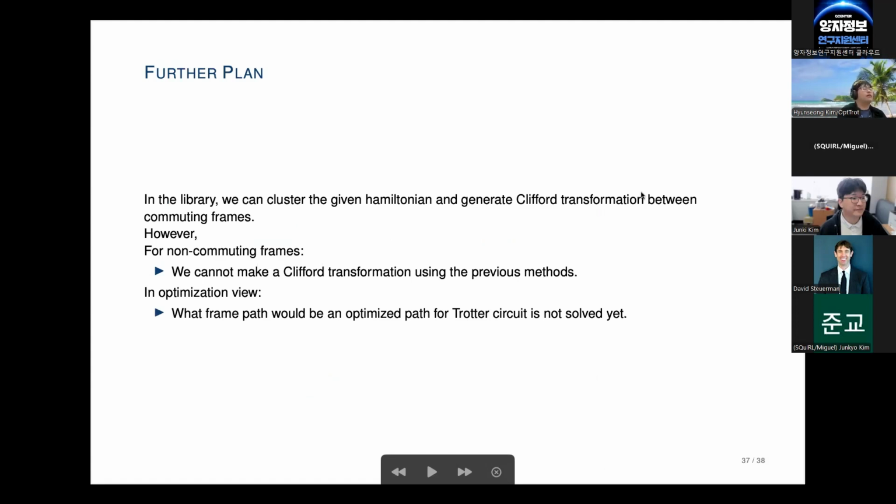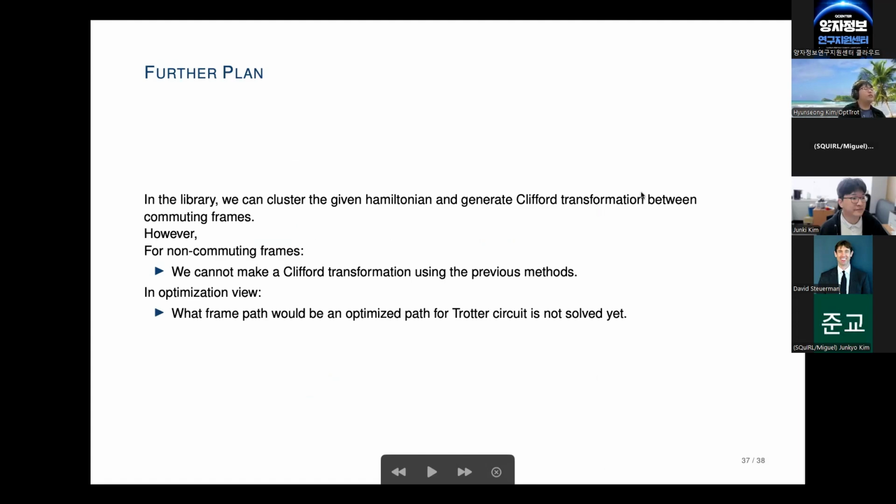So the further plan of the OptTrot team is that the current library only supports commuting Hamiltonians. So we have to find solutions for general Hamiltonians consisting of non-commuting Pauli elements. We have to develop more non-commuting frame routines, and from an optimization viewpoint, we suggest a solution for finding a path between two Pauli frames.